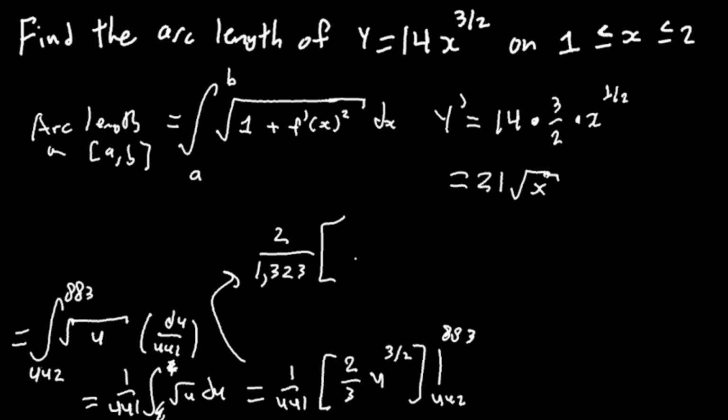So this would become 883 to the 3/2. Then we subtract off our lower bound. So upper bound minus lower bound, 442 to the 3/2. And these are not perfect squares. So when you square root, it's going to be irrational. But that is our final answer.